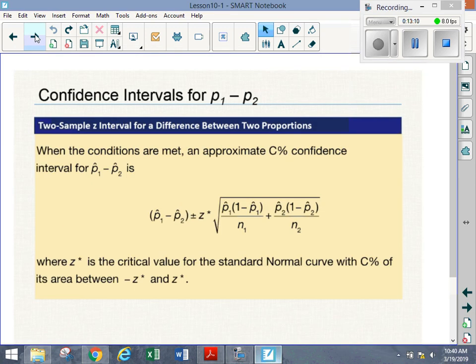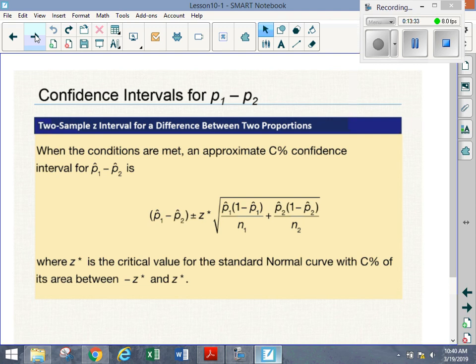So this is the exact formula that you'll use to calculate a confidence interval. And remember, when we did confidence intervals for proportions back in chapter 8, our critical value was always z star.